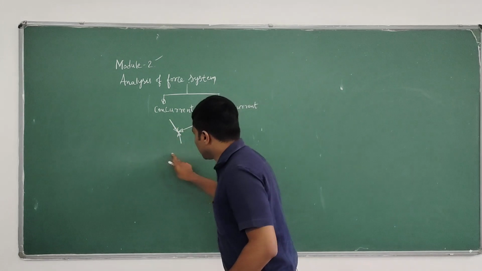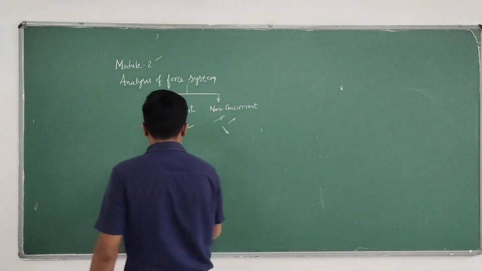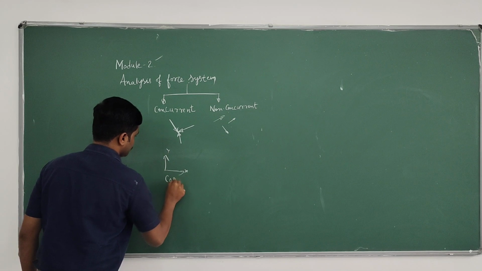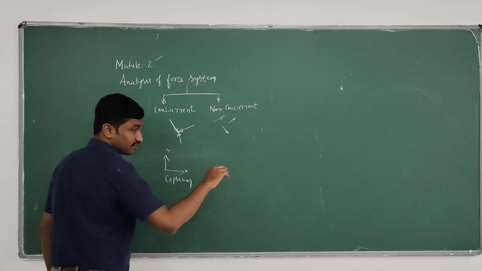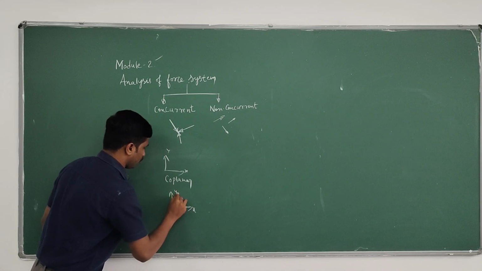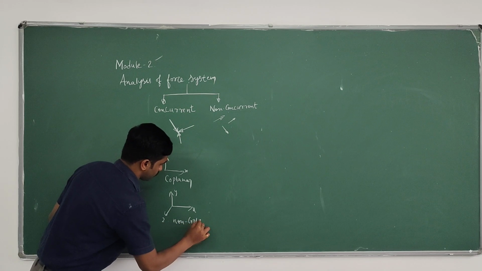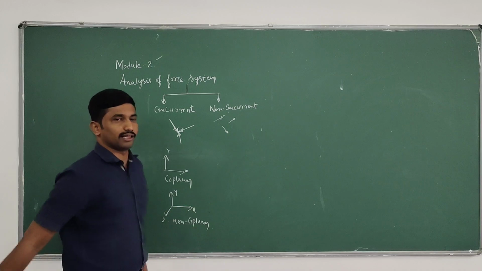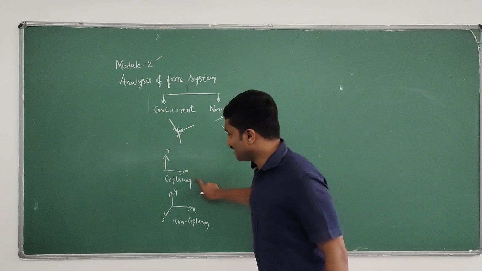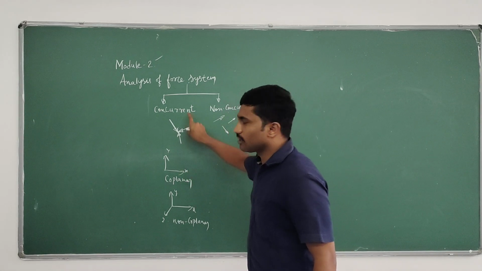If the forces are in a single plane, we call it coplanar. If they are in more than one plane, it is called non-coplanar. So in a single plane, all forces meeting at a single point is known as coplanar concurrent.